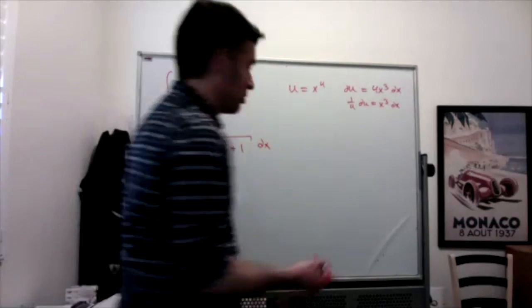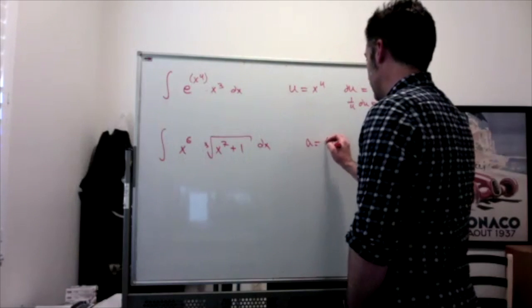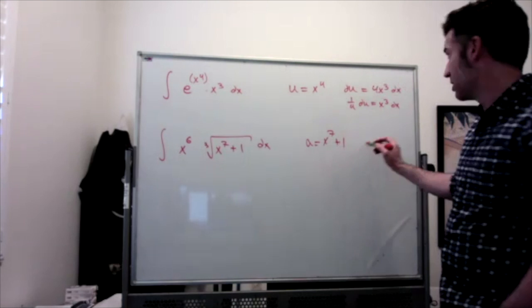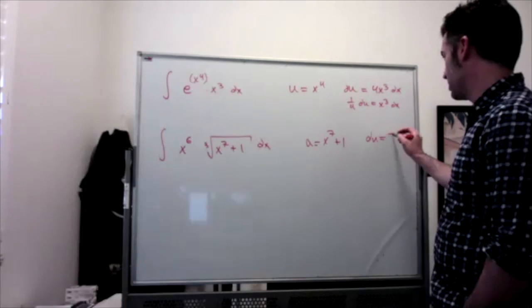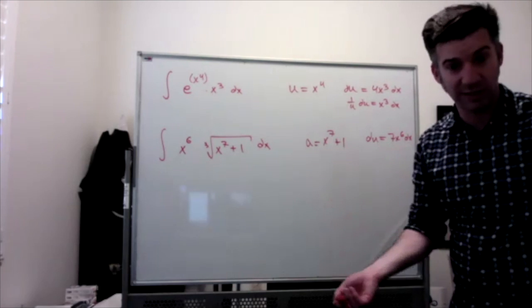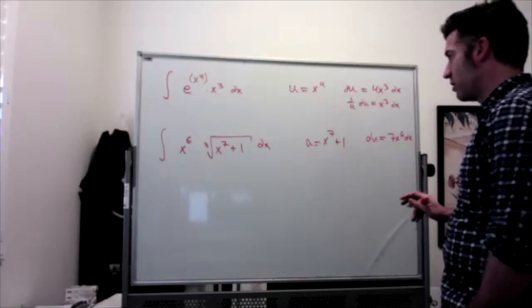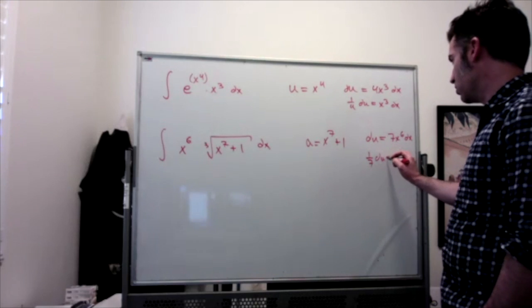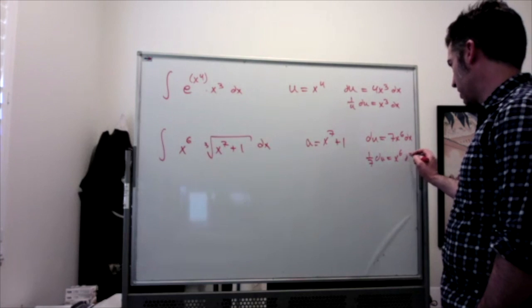Here, x to the 7 plus 1 is an excellent candidate for u. And I do want to grab the plus 1 as well, because the derivative of x to the 7th is 7x to the 6th, and the derivative of x to the 7 plus 1 is also 7x to the 6th. And so then 1/7 du would equal x to the 6 dx.